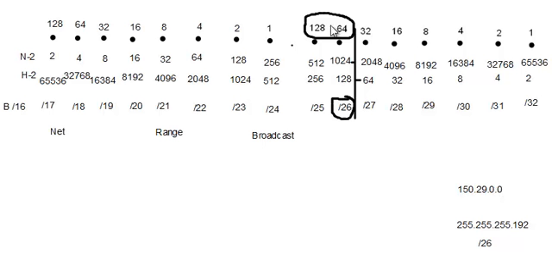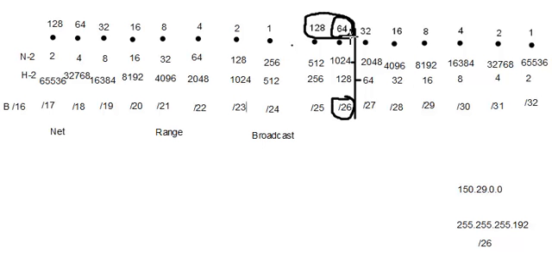That's where our magic number comes in. This is another very important piece of the puzzle, and this is what the line tells us is our magic number. So, like I said, our first network, our subnet, is going to be 150.29.0.64 because we're going to be going in increments of 64.